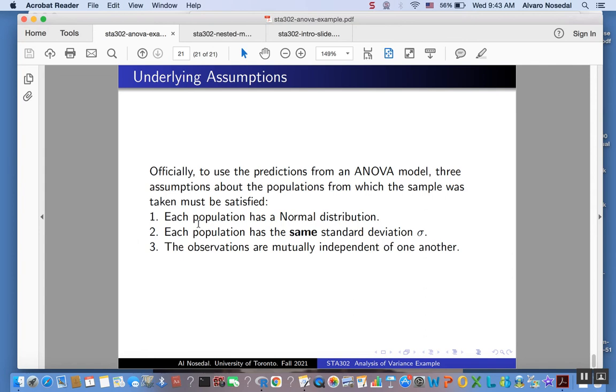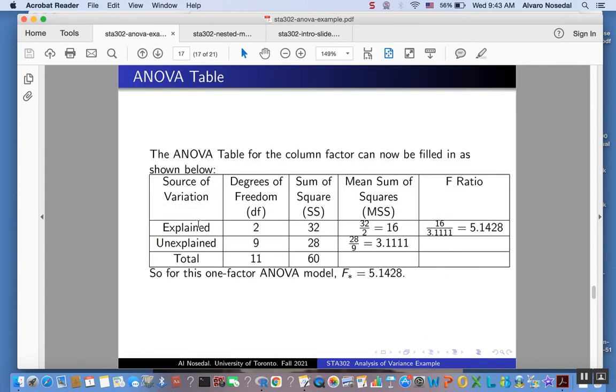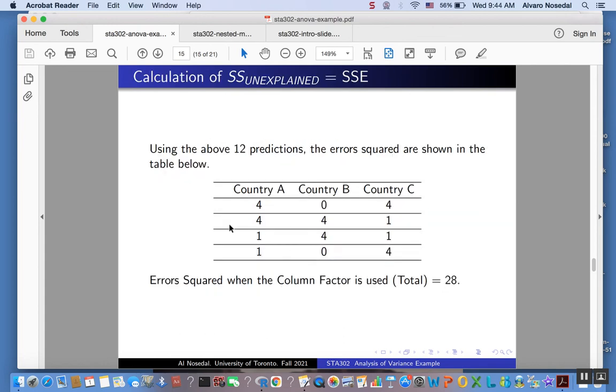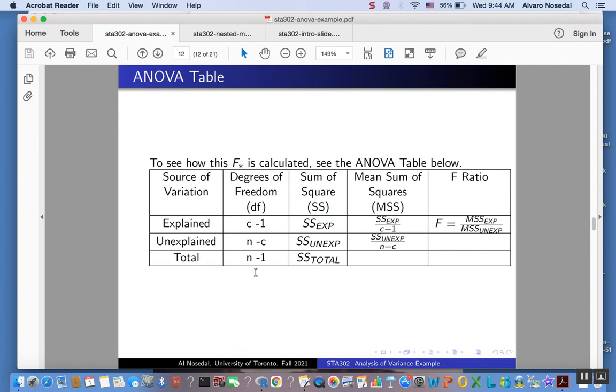Okay, so bottom line, let me summarize what we learned today. What we learned today is that this ANOVA table is just a kind of tabular format that is going to help you compute a partial F test for this particular situation where you want to compare the means of C groups.